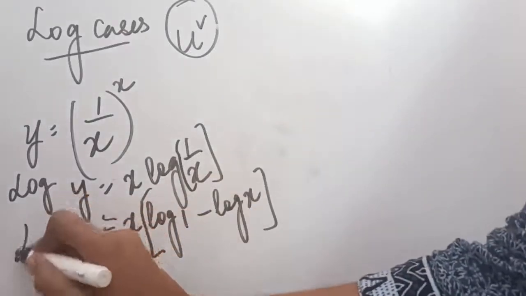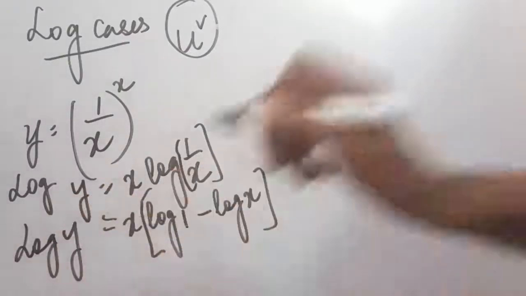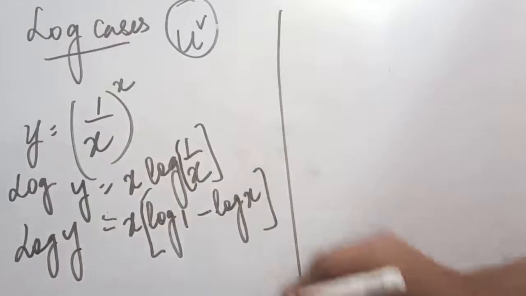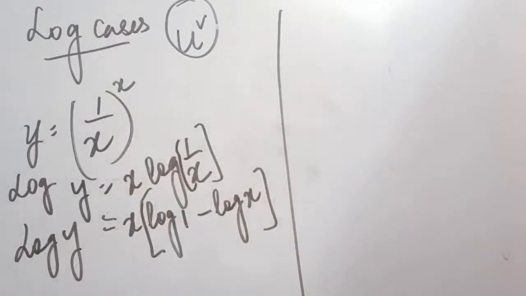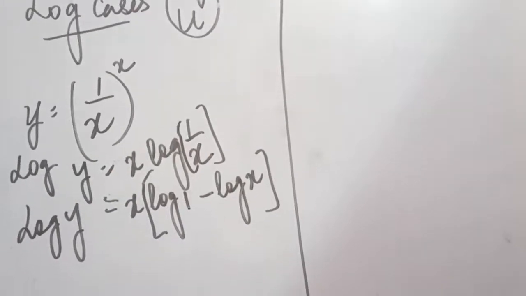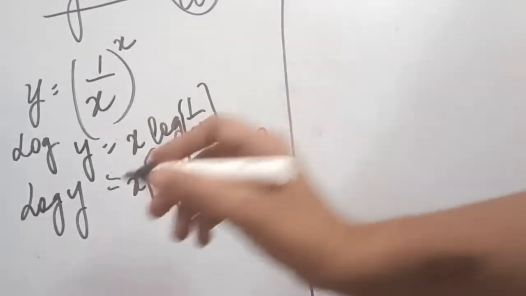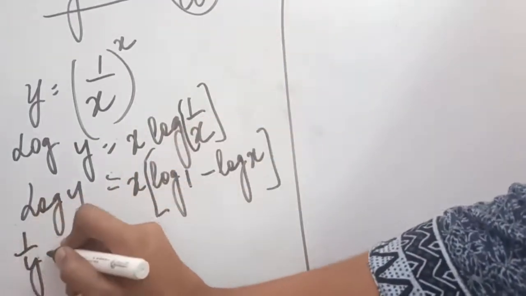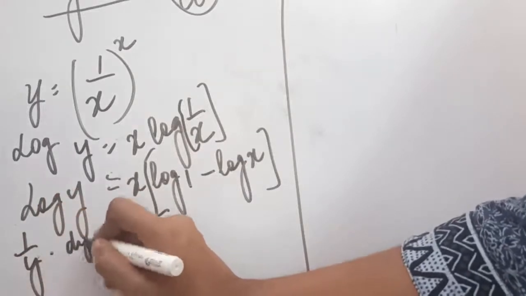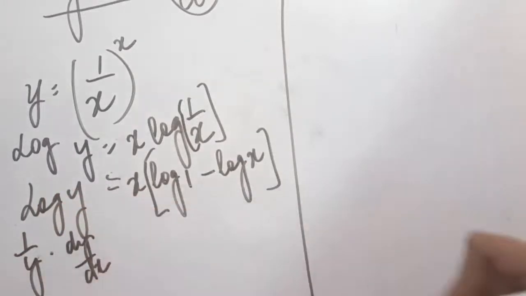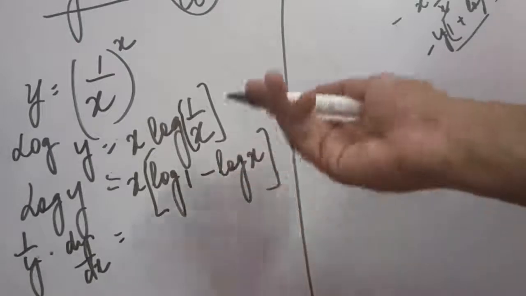So now on the left hand side we have log y, and on the right hand side we have this. Now again you will write taking the differentiation. If you take the differentiation on the left hand side, log y's differentiation will be 1 upon y into dy upon dx. Before taking the differentiation on this side we can further ease it down.